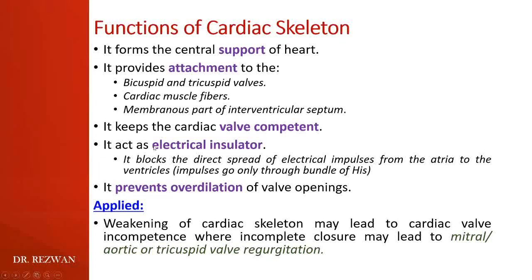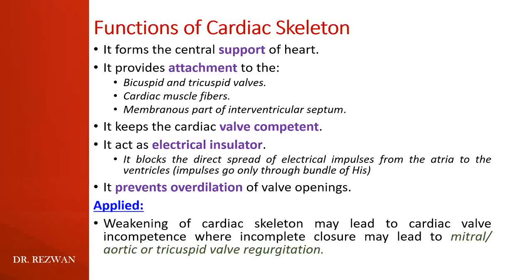Now it acts as the electrical insulator, which is very important. An electrical insulator is something which inhibits the flow of electrical waves or electrical impulses. We know that the contraction wave that is present at the atrium tends to go to the ventricles, but due to the presence of this cardiac skeleton, the contraction wave cannot go directly from the atrium to the ventricle.